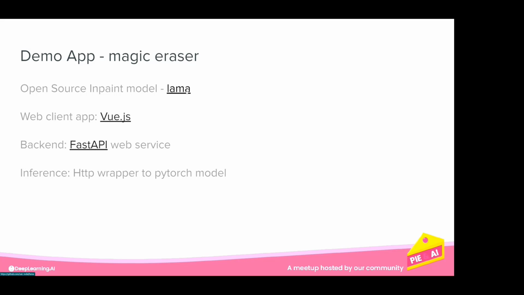I have the link listed on the last page, and you can check it out yourself. I also wrote the web client app using Vue.js, because I'm a software engineer, really familiar with these things. For the backend, I'm using FastAPI, which is very popular among Python developers, and they really like it. I also wrote an HTTP REST wrapper for the model.